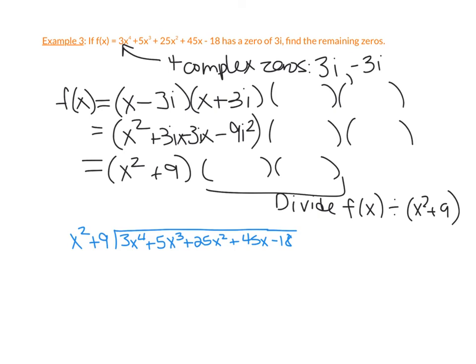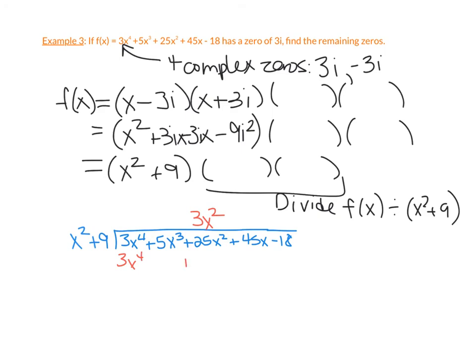So we are going to start by doing the 3x to the fourth divided by x squared. That gives me 3x squared. I then multiply 3x squared times x squared plus 9. So I get 3x to the fourth plus 27x squared.